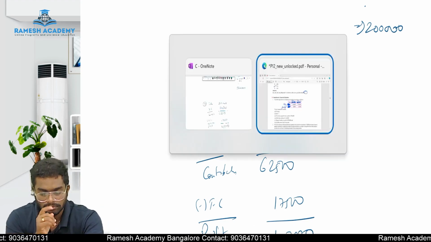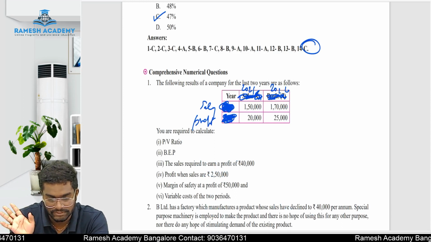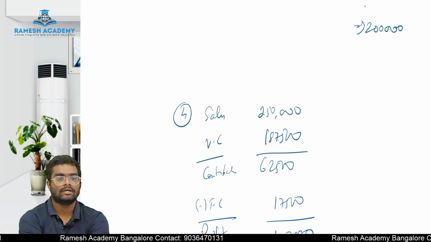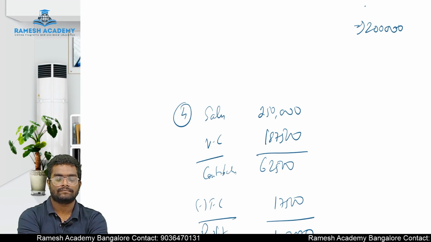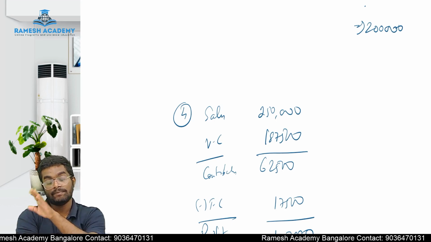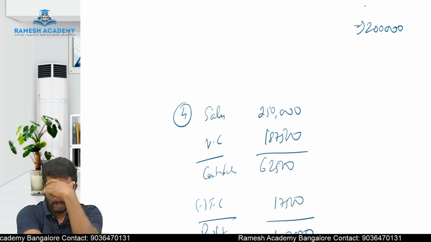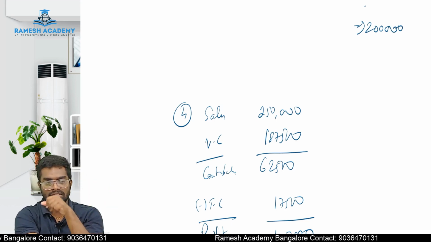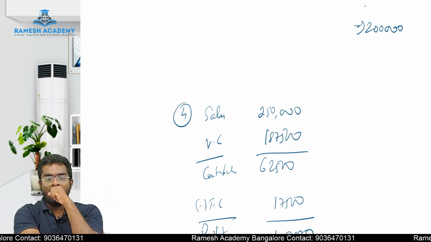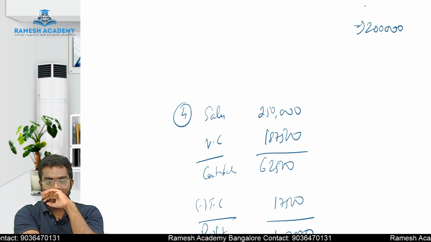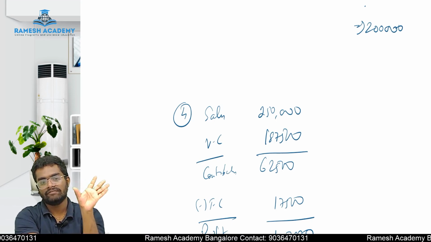So 4 and 5 are done. Only the 6th is pending. That is easy. If 25% is PV ratio, 75% is variable cost. So sales into 75%. Both ways you will get the variable cost.